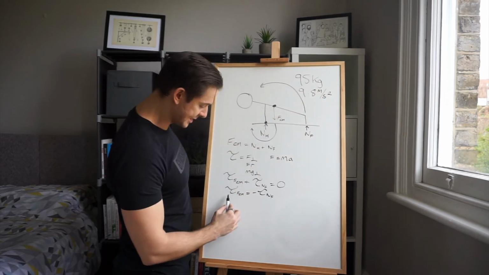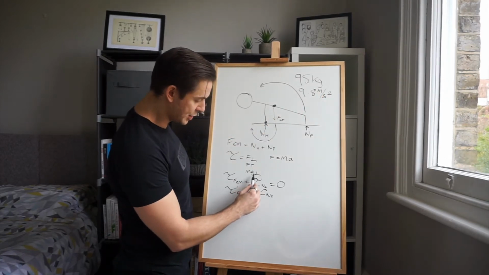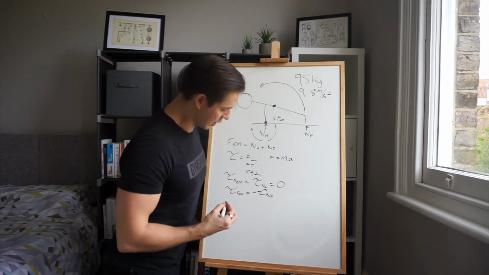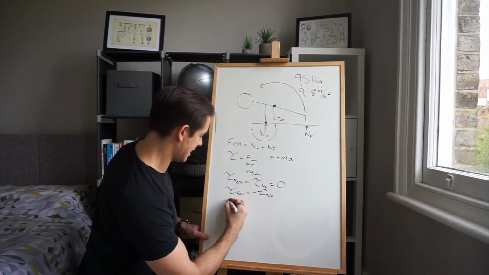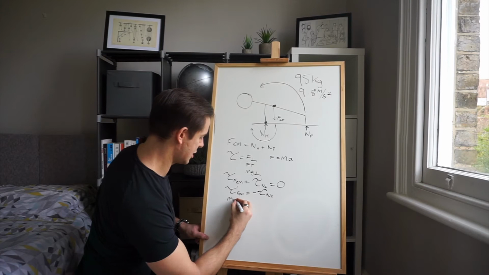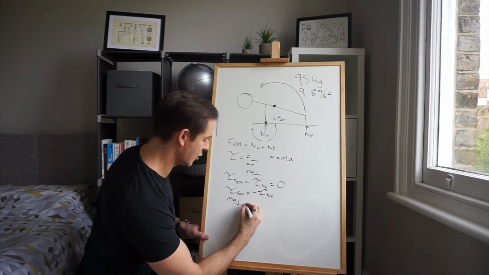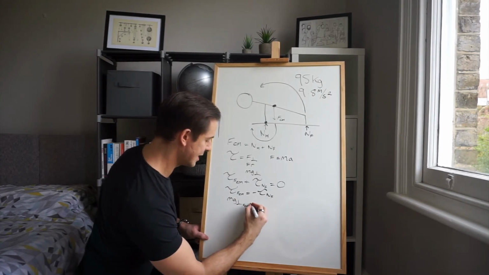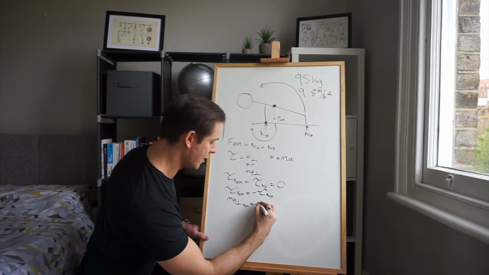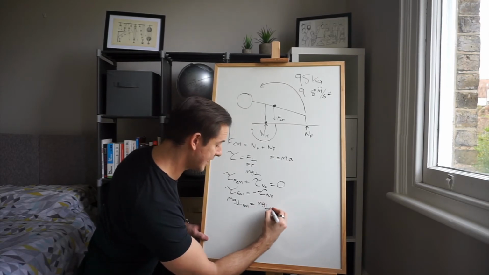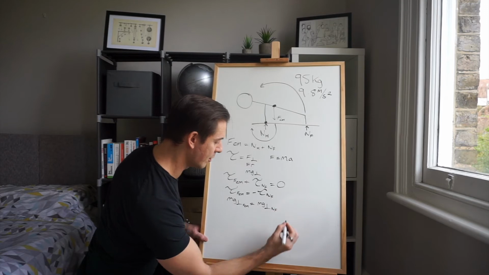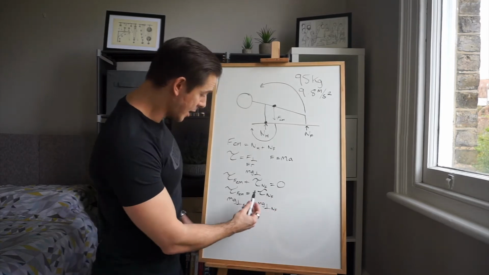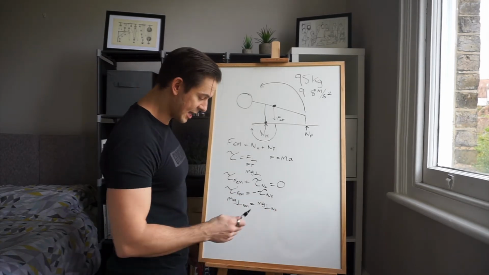So instead of F here, we're going to put mg times perpendicular distance. So let's say the mg perpendicular distance of the force from the center of mass is equal to the mg perpendicular distance from the normal force. And that's the same as saying those things. So we haven't said anything different.